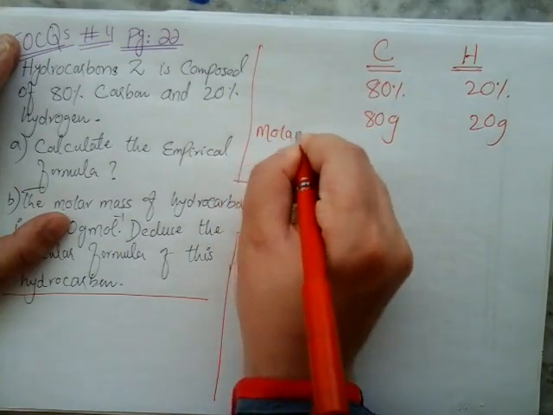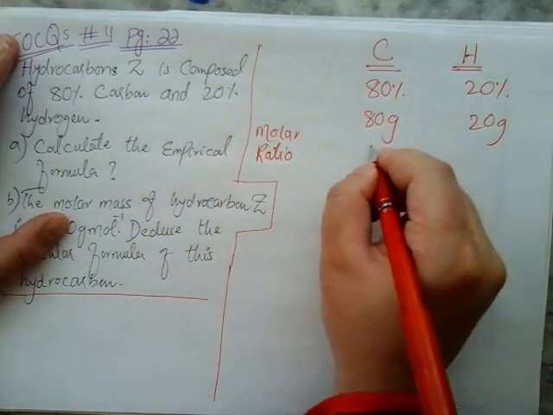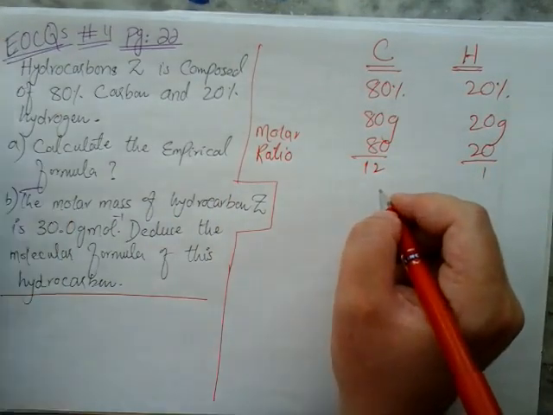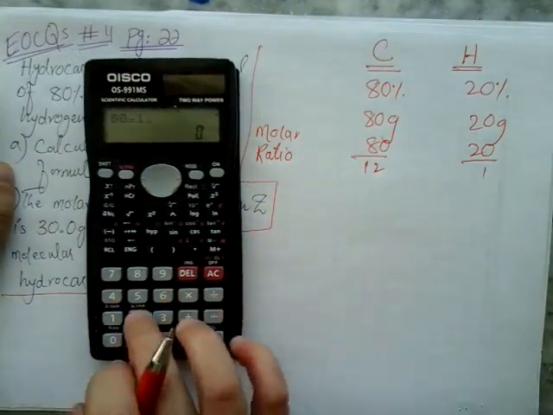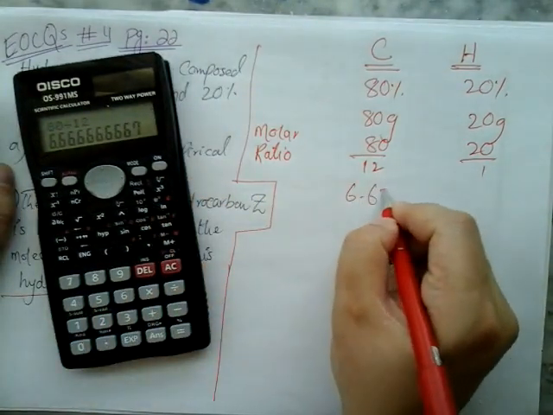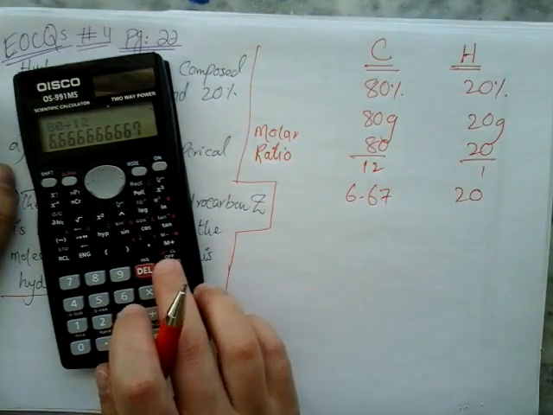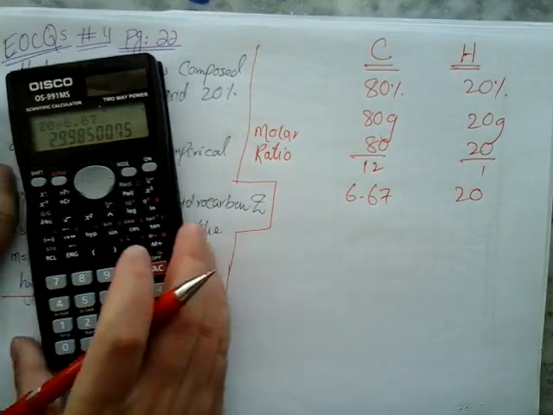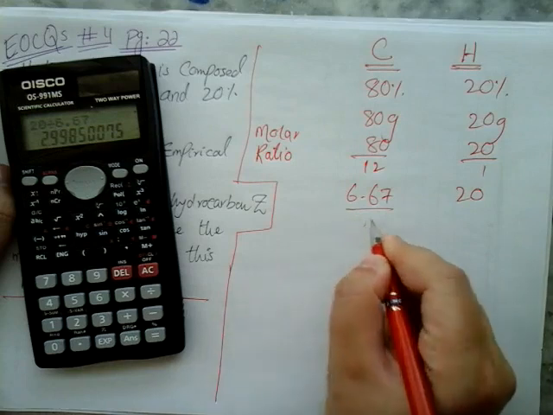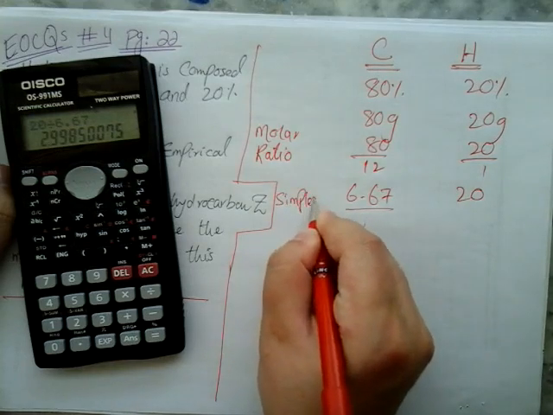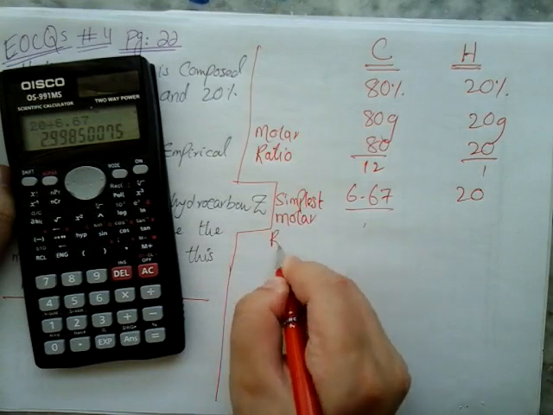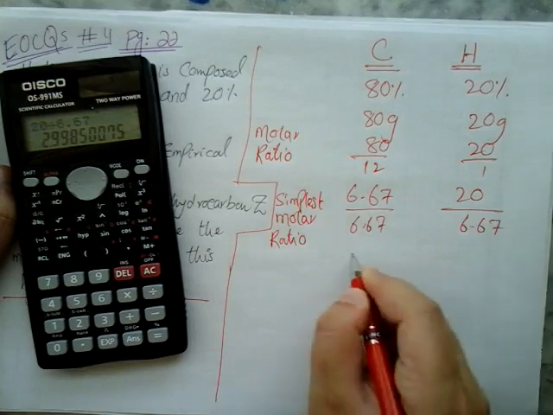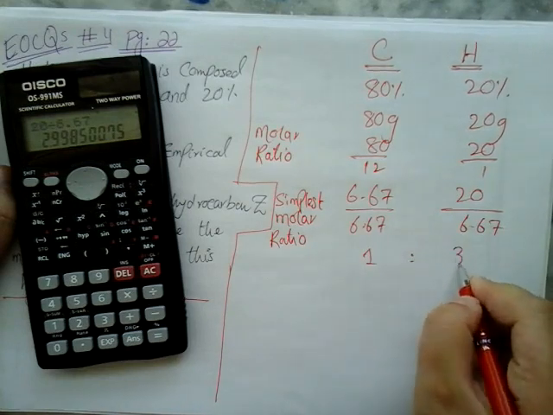So molar ratio: 80 will get divided by 12 and 20 by 1. 80 divided by 12 is 6.67, and here 20. For the simplest molar ratio, divide by 6.67: it comes out to be almost 1 into 3.